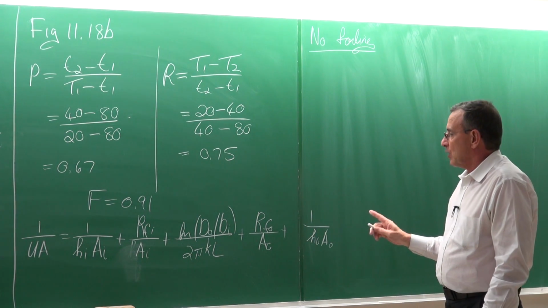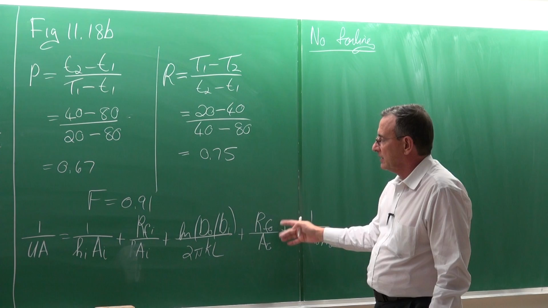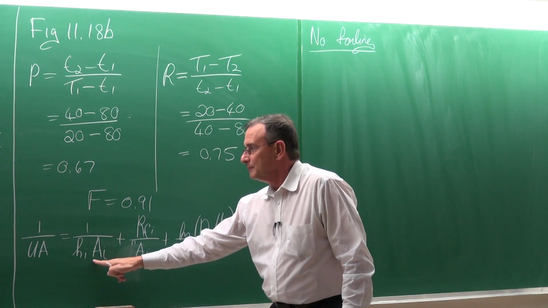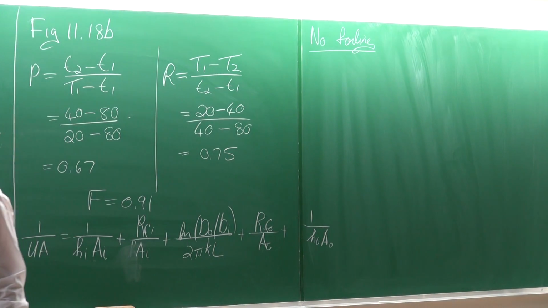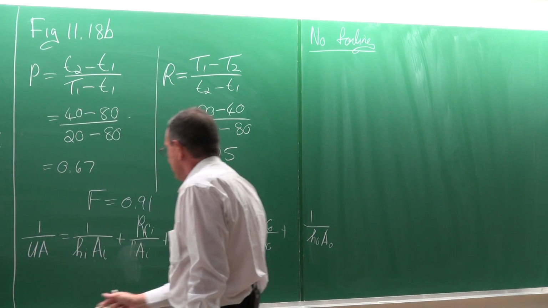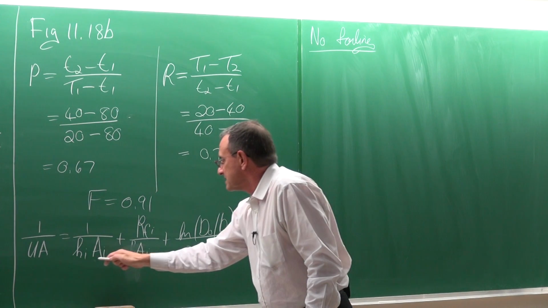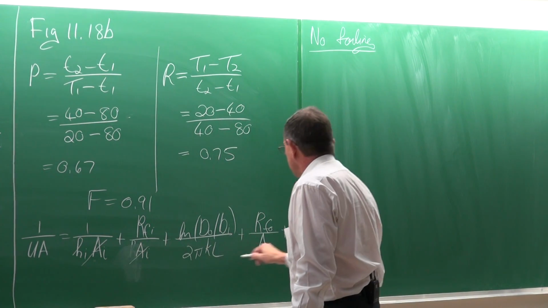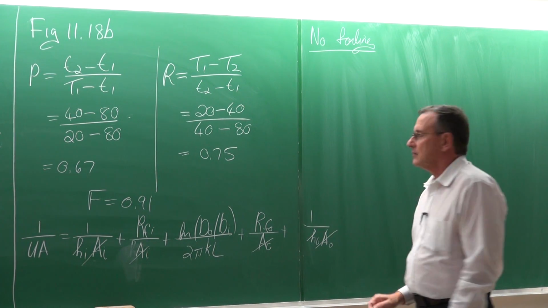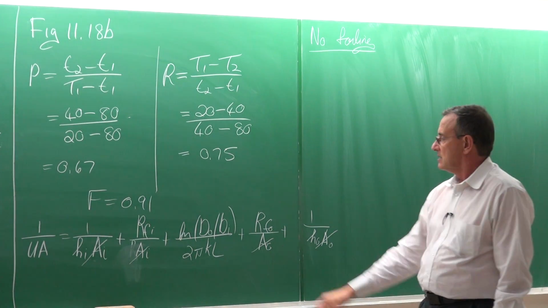If there's no fouling, well, firstly, before we get to the fouling, this area, they said the tube is very thin. Okay. So if it's very thin, and they don't even give the inlet and outlet diameters, then we can say this area would cancel out.